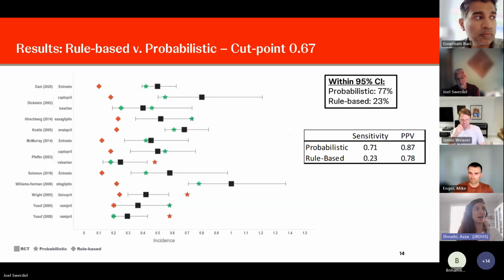At the same time, you're showing that it's giving us a lower estimate of incidence compared to the probabilistic. So I can't put these two things together. If it has a lower sensitivity, then with any acceptable PPV, if anything, I should expect the incidence to move towards the right.